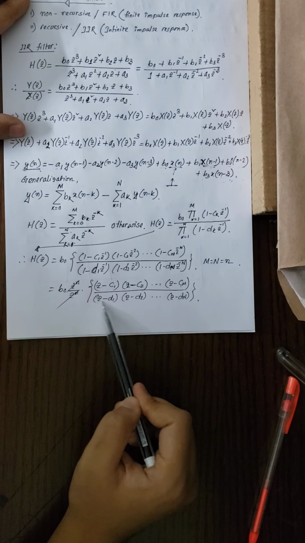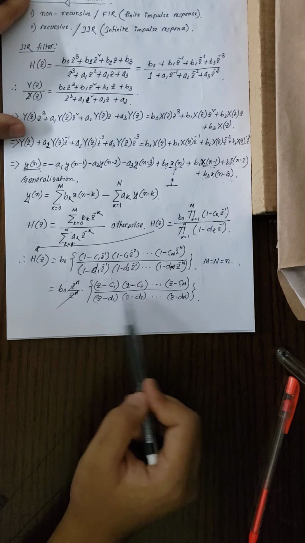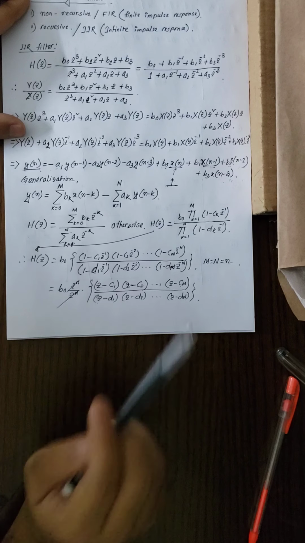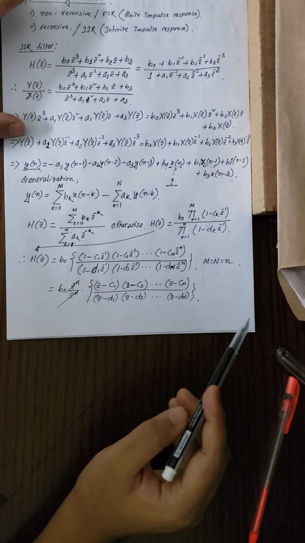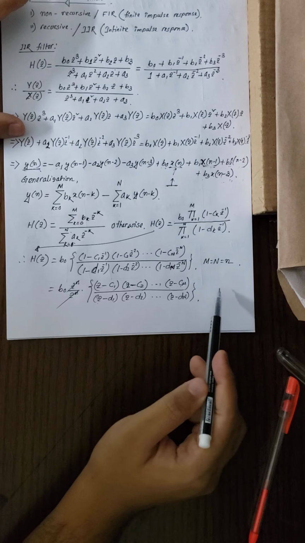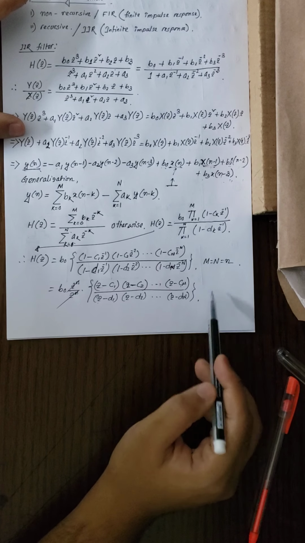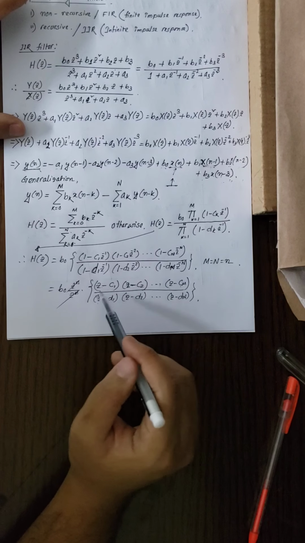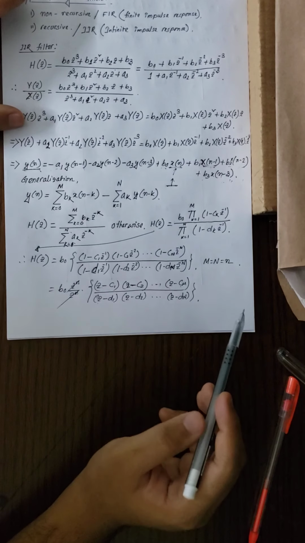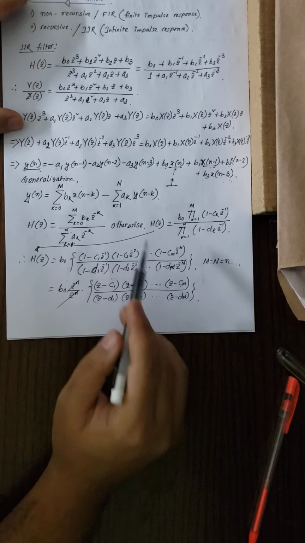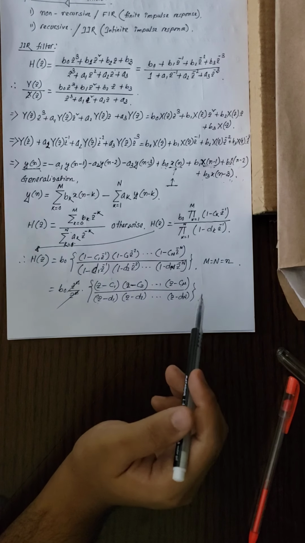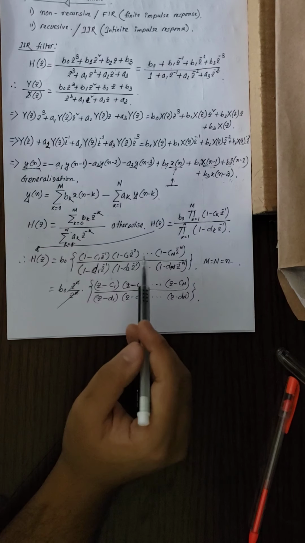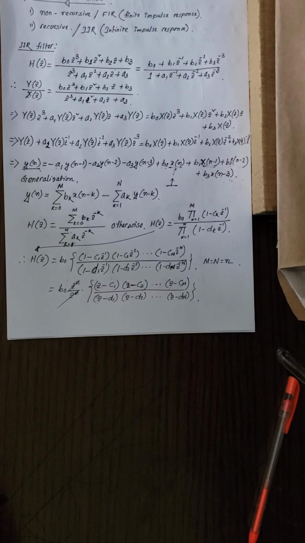So here the poles can occur at any of the positions, of course within the unit circle, but any position in the unit circle. The zero on the other hand can position itself at any point on the pole zero plot, whether inside, outside, or on the unit circle.